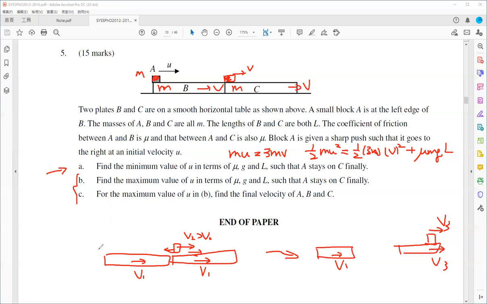So that means I need to solve v1 and v2 first. First of all, we need to use momentum, of course. So mu is the initial total momentum. Then the total final momentum will be mv2 plus mv1 plus mv1.